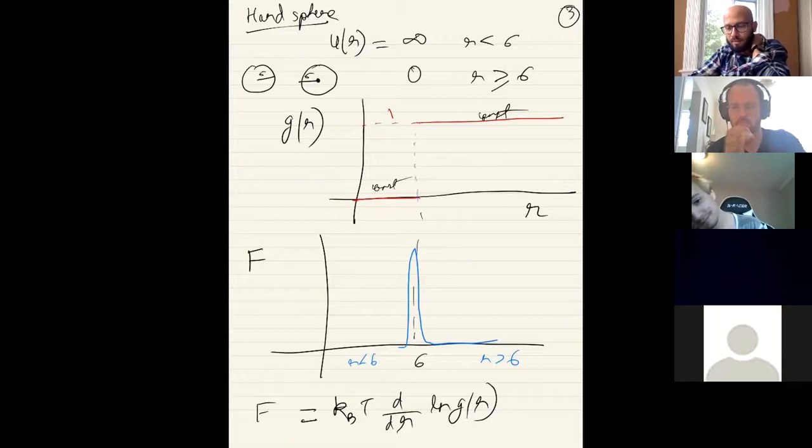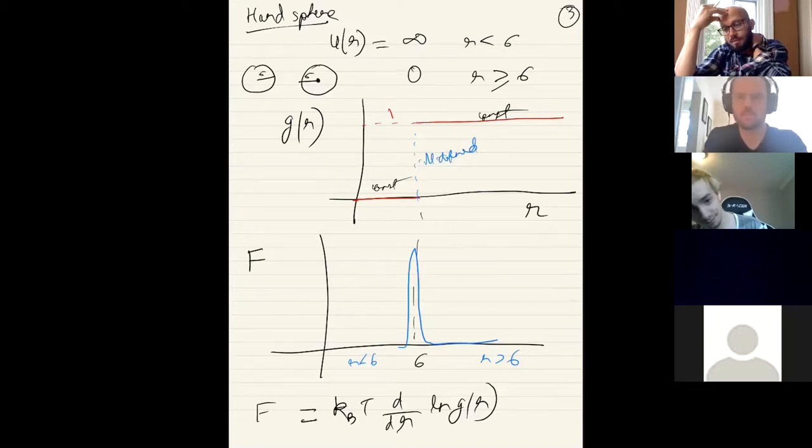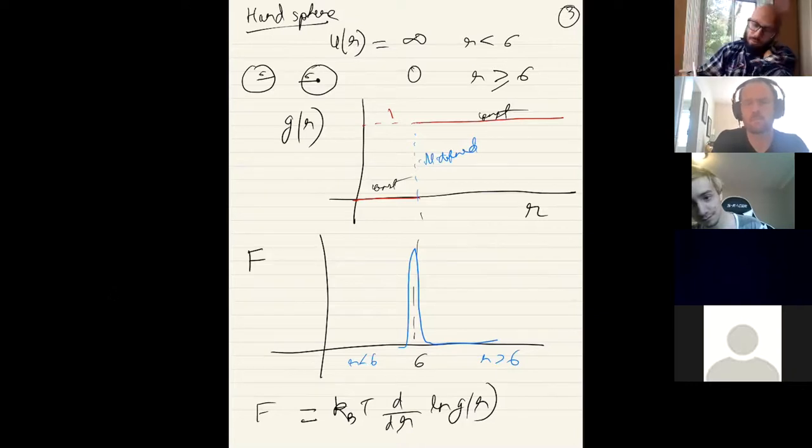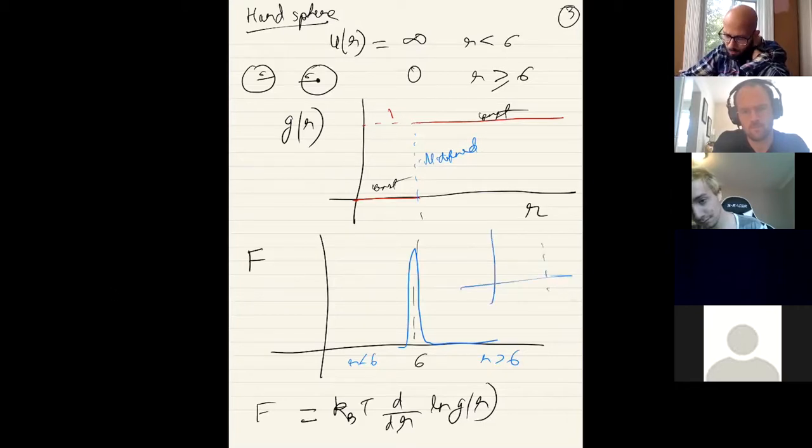No, you're right. This vertical line is only for your visual help. Then why in the f of r graph do we have this spike? If we really zoomed in on this graph, I think we are getting into the mathematical domain. My first answer is that realizing exact hard spheres in life is going to be very, very hard.